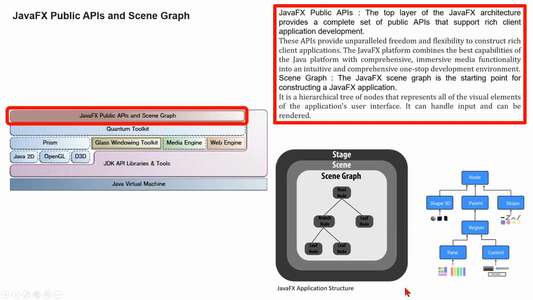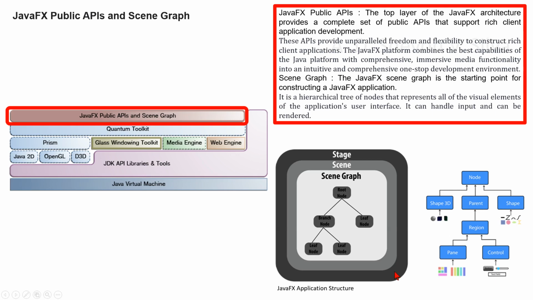Initially, the primary stage looks like this. However, we can add various objects to this primary stage. The objects can be added in a hierarchical way. That is, first a scene graph will be added to this primary stage.